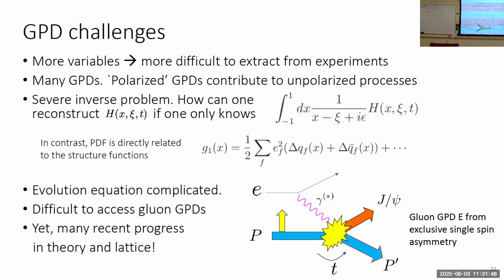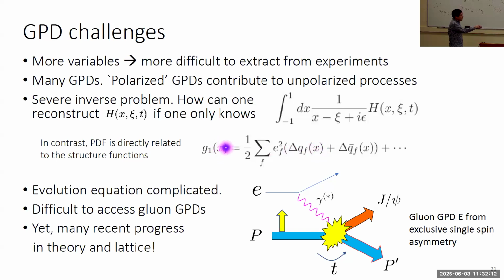Because x is already integrated, it's very difficult to do the decomposition of this integration. This is completely different from the PDF case, because I told you yesterday that the g1 structure function is a function of x, and it's given by the polarized quark distribution evaluated at the same value of x, right?